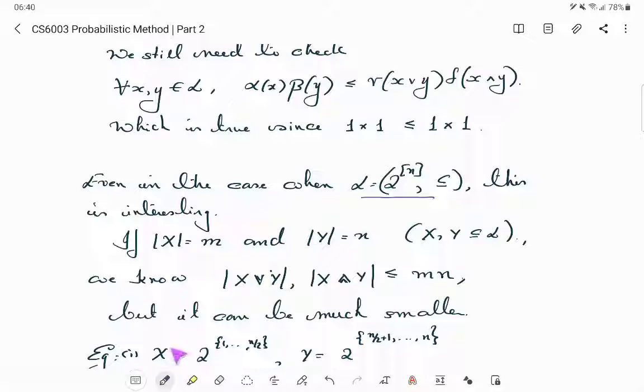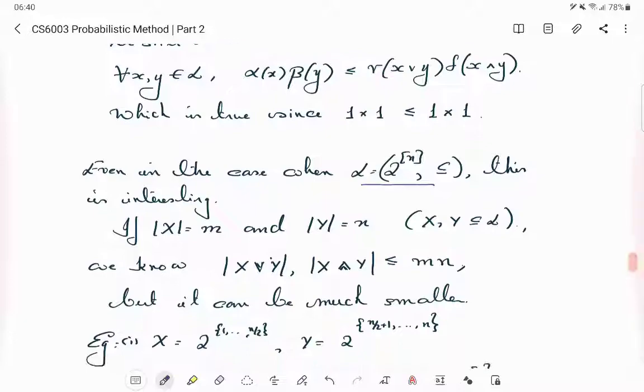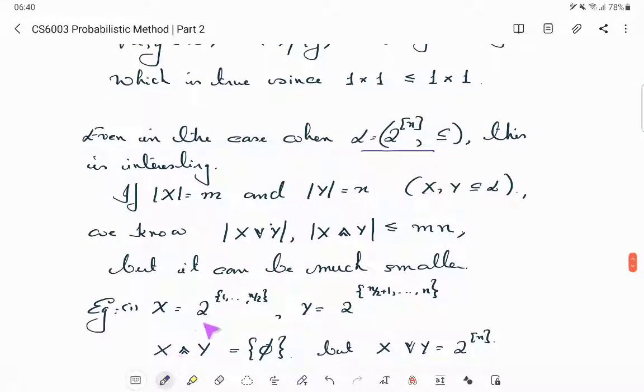Okay, so no set in X has a non-empty intersection with a set in Y. If you take any set from this family X and any set from this family Y and take its intersection, the result is going to be an empty set, which means the X pairwise intersection Y. Here I'm using the pairwise meet notation, but in this particular lattice, the pairwise meet is nothing but the pairwise intersection. So X pairwise intersection Y just contains the empty set phi. So its cardinality is 1. Remember, the upper bound was Mn, but it could be as low as 1.